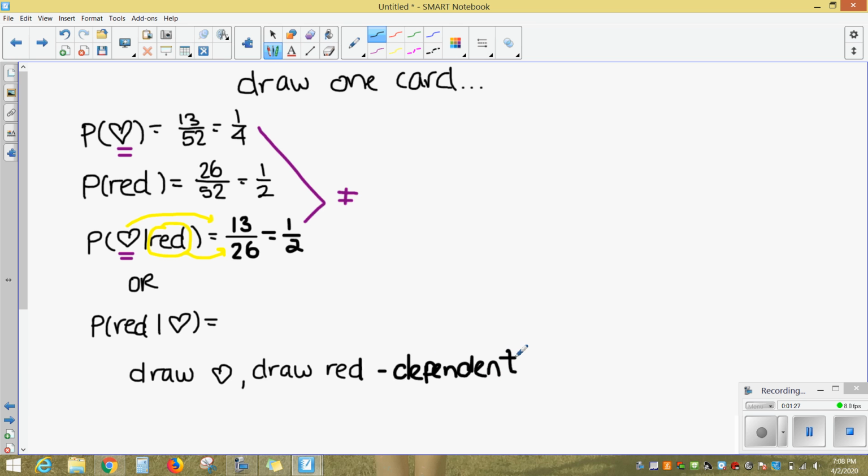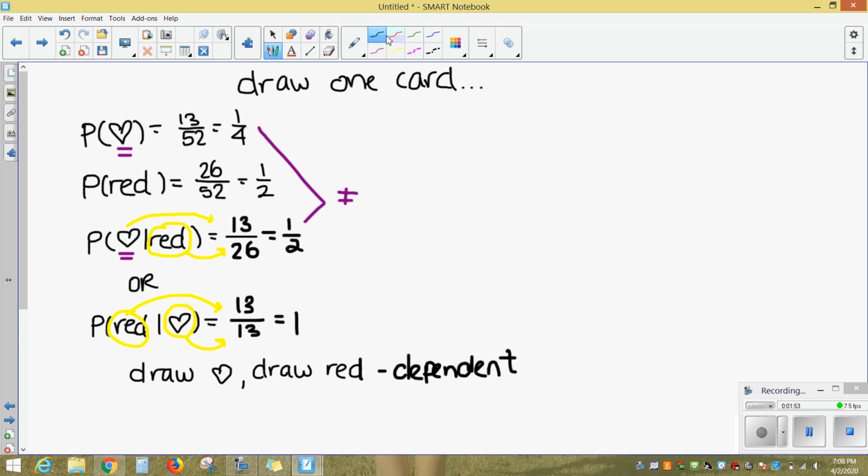If we checked them in the other order, we could do the same sort of thing. If we're told that the card we're holding is a heart, we know that we've narrowed it down to 13 cards. Out of those 13 cards, how many of those hearts in the deck are red? Well, all 13 of them are red.